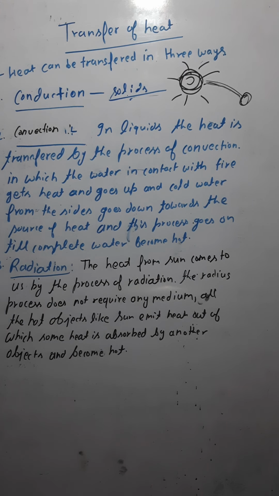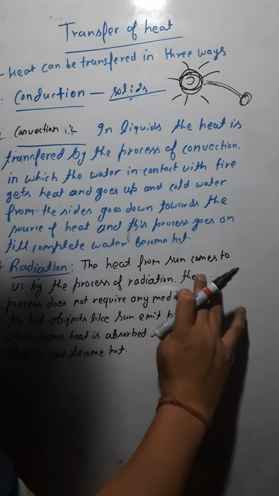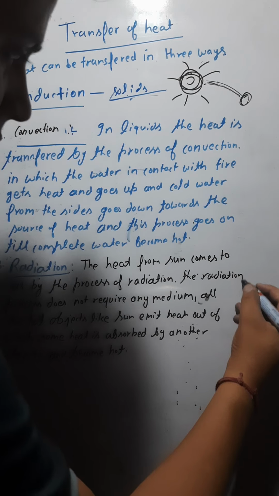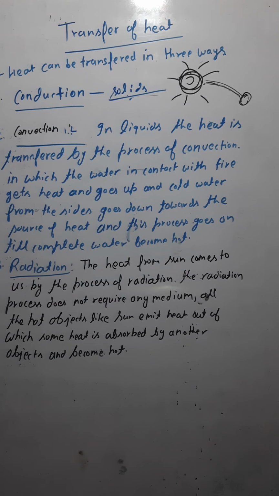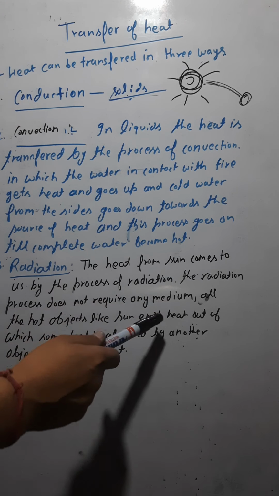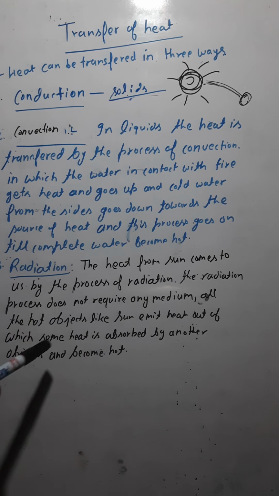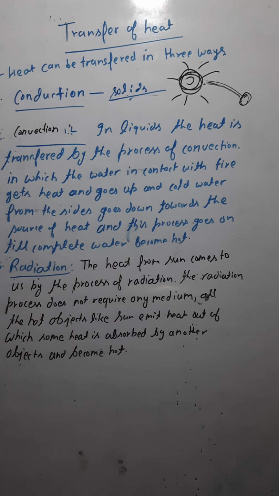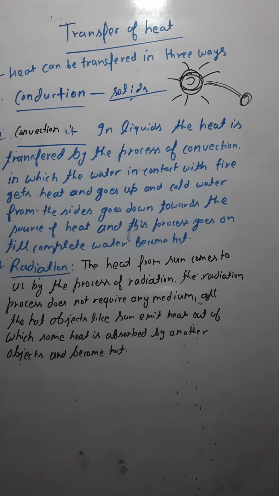The radiation process does not require any medium. All the hot objects like the sun emit heat, out of which some heat is absorbed by another object and it becomes hot. So write it all down.